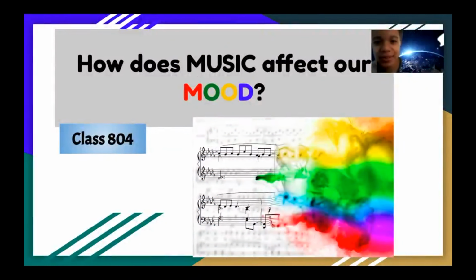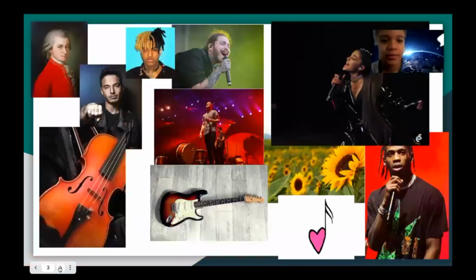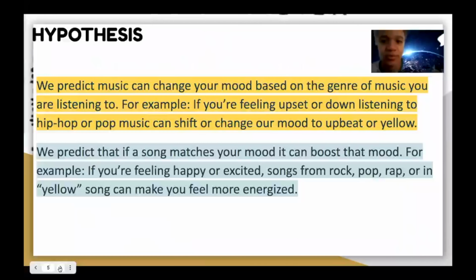How does music affect our mood? Hypothesis. We predict music could change your mood based on the genre of music you are listening to.